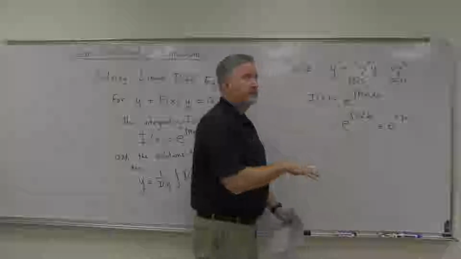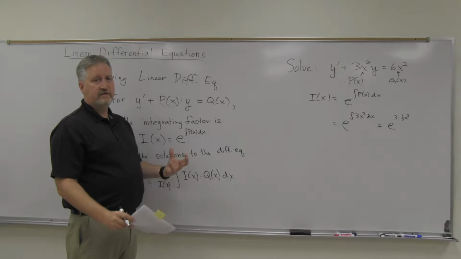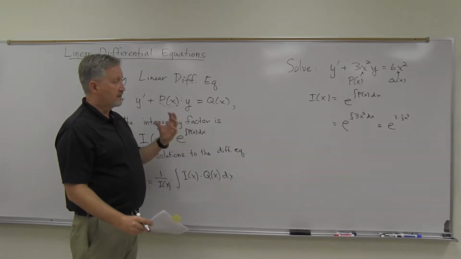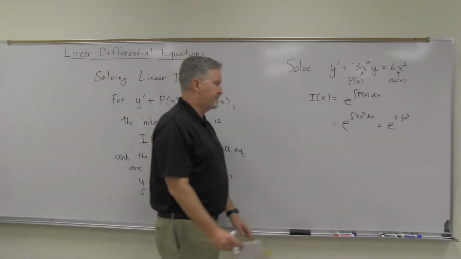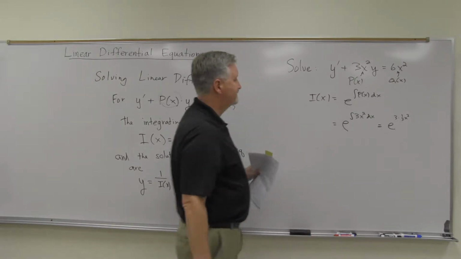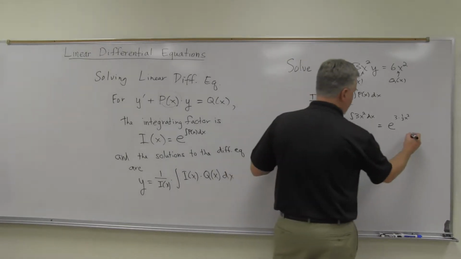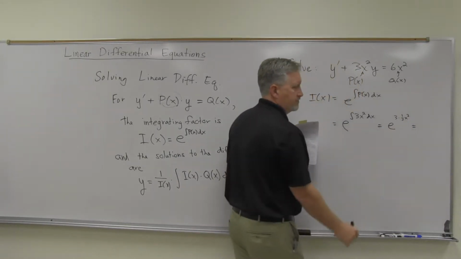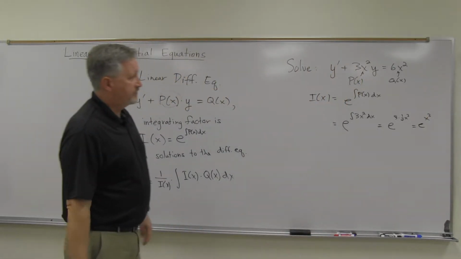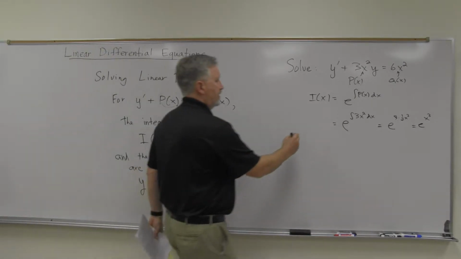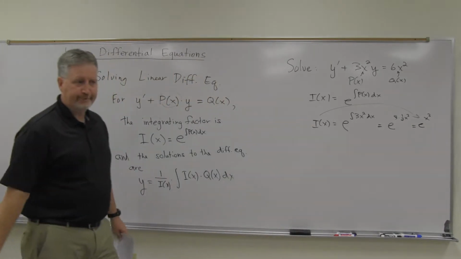Since this is the first integral we're doing, we can just reserve the plus c part, the constant, till we put it on the other one. It is an indefinite integral, but we're just going to first choose c to be 0, and then we'll take care of the constant at the end. So 1/3 x cubed, and the 3's cancel out, so we have e to the x cubed as our I of x. All right, so far so good?